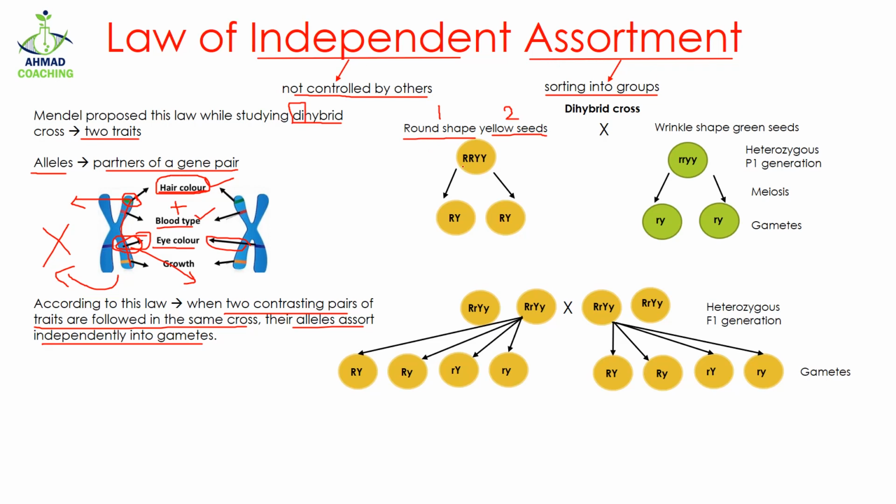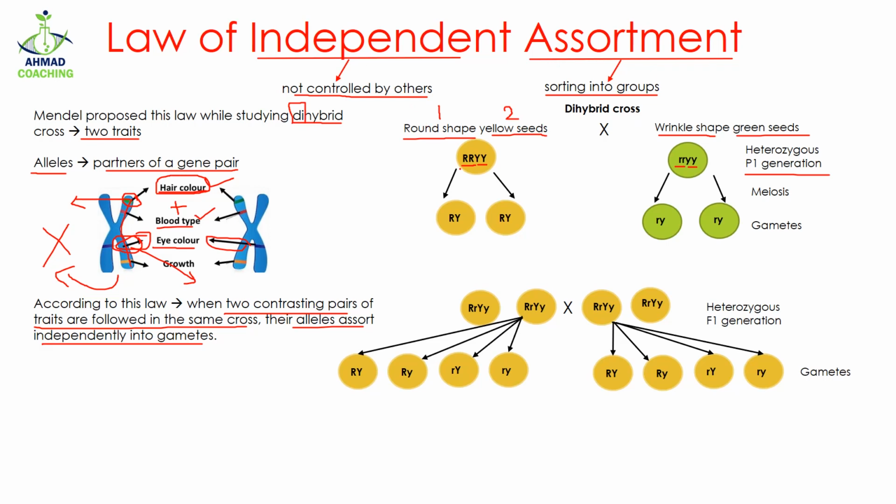So for the round shape, capital R capital R, while for the yellow color we have capital Y and capital Y. If I am going to cross this plant with a wrinkled shape green seed, here we can see that small r represents wrinkled shape and small y represents green seed. So this is the P1 generation, and in this P1 generation we are studying 2 traits.